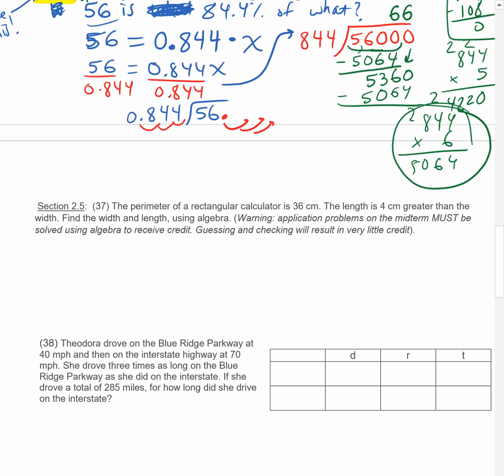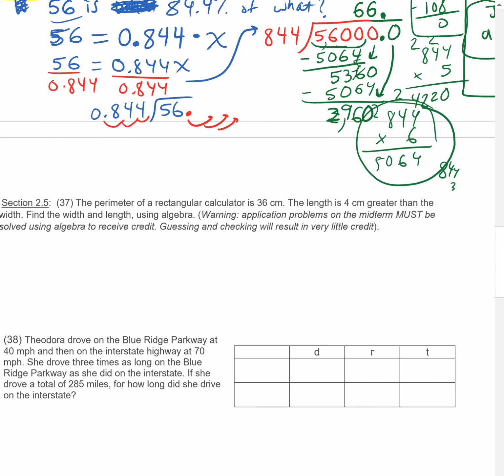If I subtract those, I've got 296. Alright, I don't have a 0 remainder yet, so I better put a decimal and a 0 and bring down a 0. Now, 844 into 2,960? I can't see that going in very many times. How about 3 times?